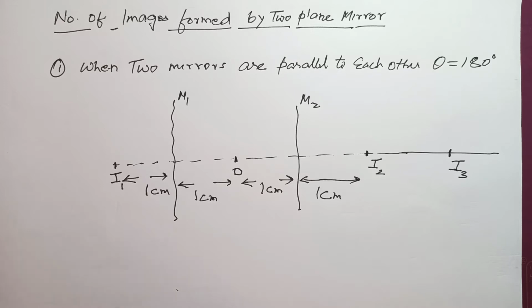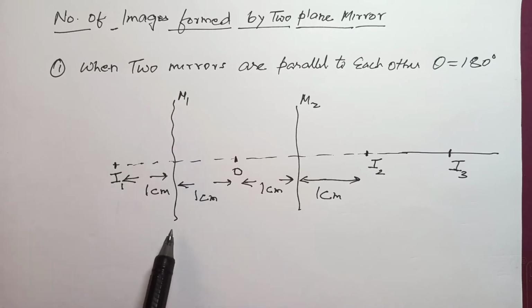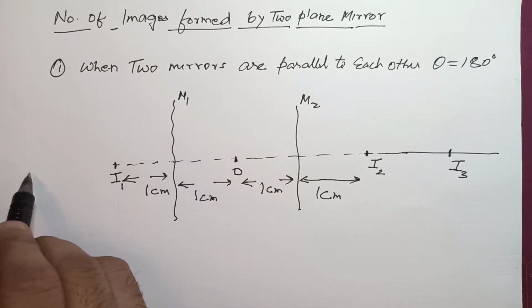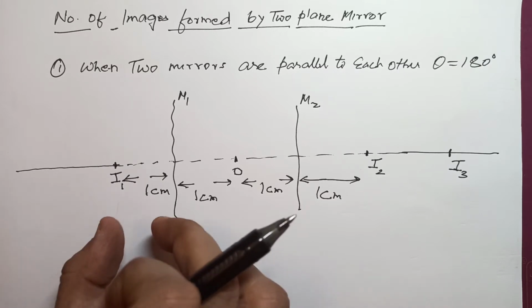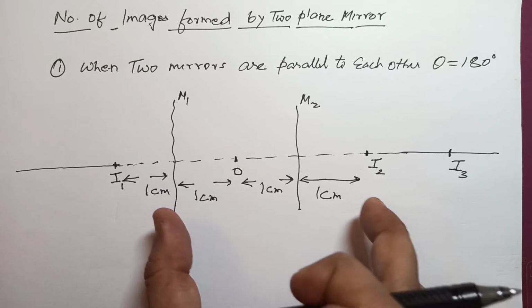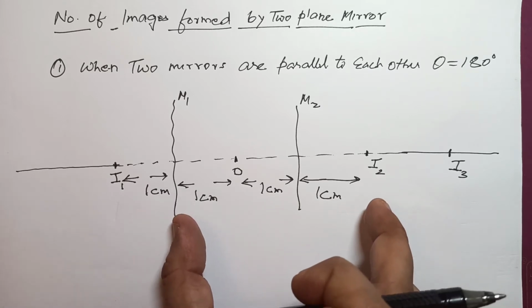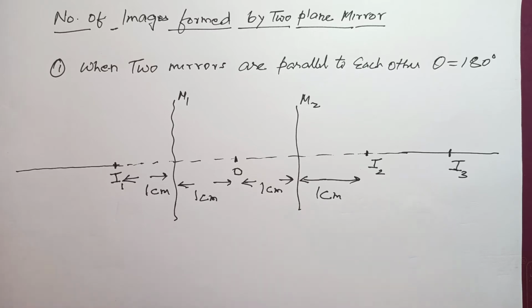Now this doesn't end. This image is basically an object for M1 as well. If I extend it, I can say 1, 3, and this is 4. Let me reiterate.